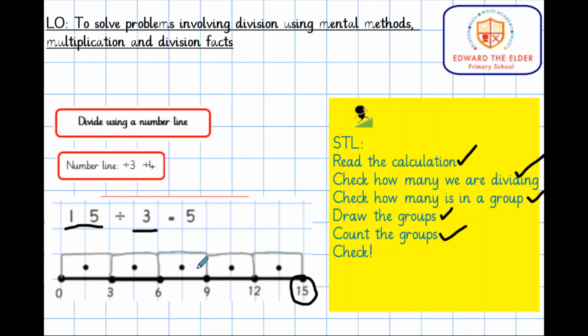This is our answer. It is important to check our answer. 15 divided by 3. We have 15 on the number line, divided into groups of 3. In Year 2, we move on to divide on the number line with remainders.